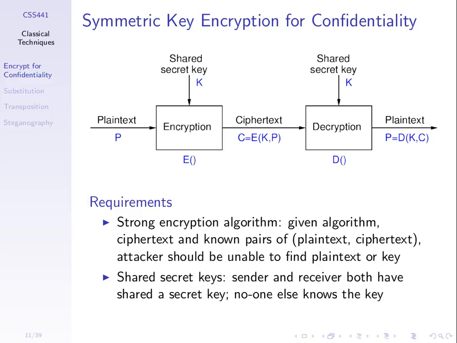So with symmetric key encryption for confidentiality, we use some encryption algorithm, and we're going to talk about some of those algorithms shortly. We take the plain text and we apply the algorithm on that plain text. The other input is the shared secret key, and we get ciphertext as output. And that's what we send across our network, or that's what we save on the disk if we want to encrypt a file.